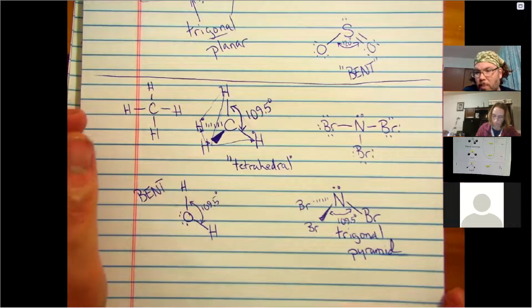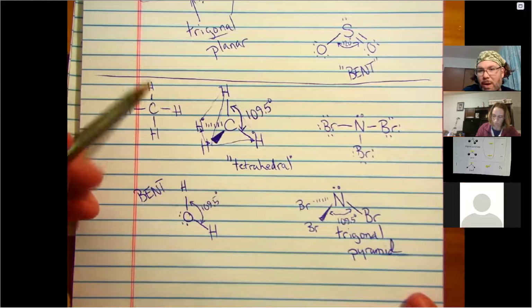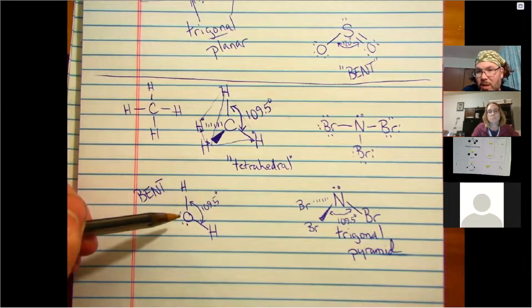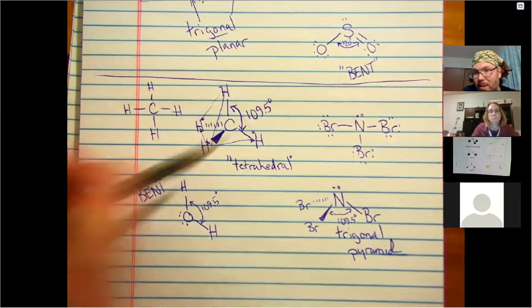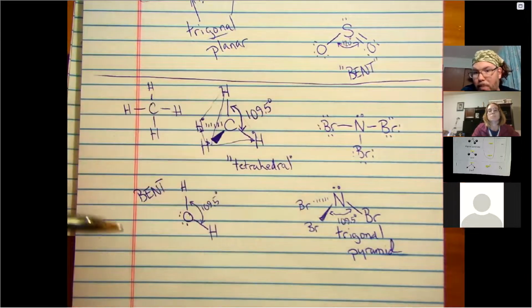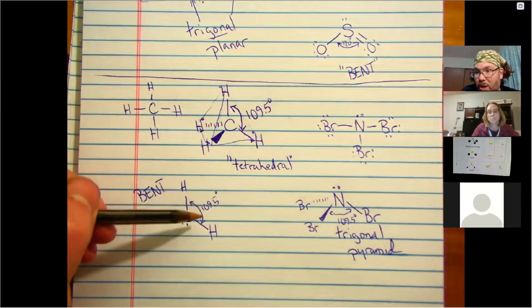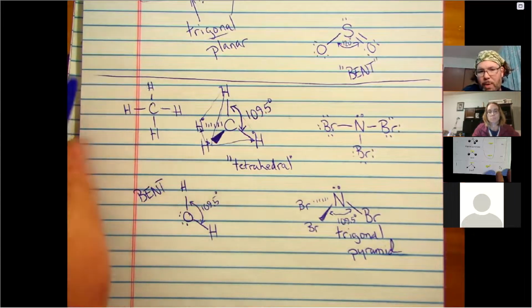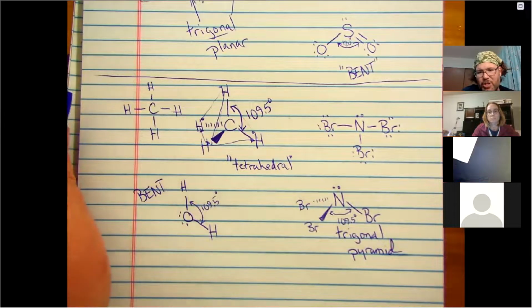So that's something that troubles students sometimes. How can you have 2 different shapes that are both bent? Well, this is just a little bit more bent than this is. They're both bent. This one just has a tighter bond angle. We can call both of them bent though, and that's the correct terminology.